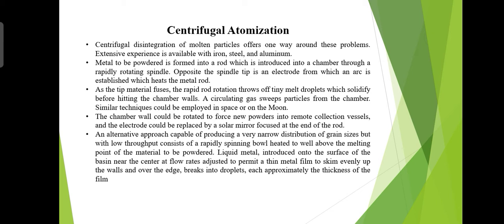Similar techniques could be employed in space or on the moon, and the chamber wall could be rotated to force new powders into remote collection vessels, and the electrode could be replaced by a solar mirror focused at the end of the rod.